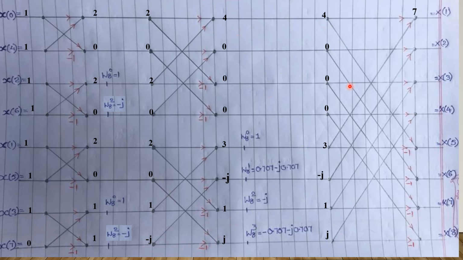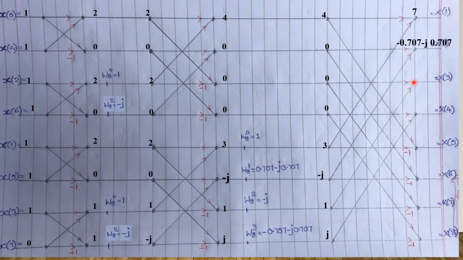Now given this input, you want to do the addition operation at this point. So 4 plus 3, the value is 7. And at this point 0 and again minus j. So when you add it, you will get 0 minus j, the value is minus j, and you want to multiply with the twiddle factor. That's why you got the value as minus 0.707 minus j 0.707.